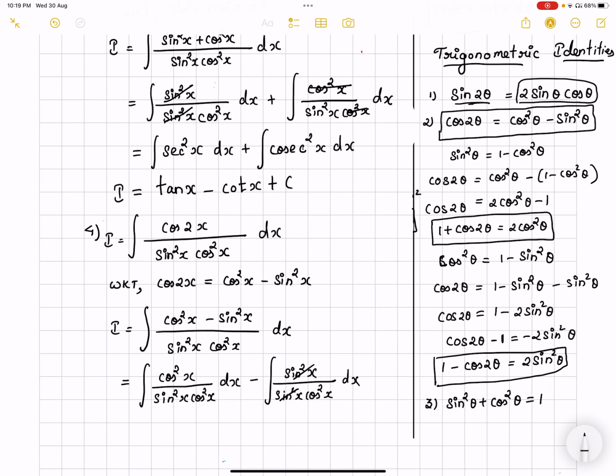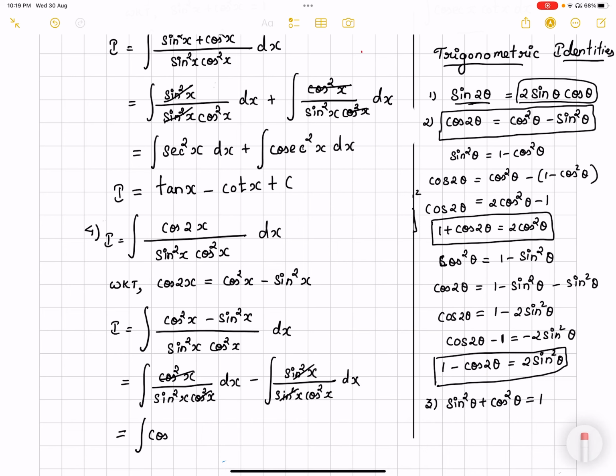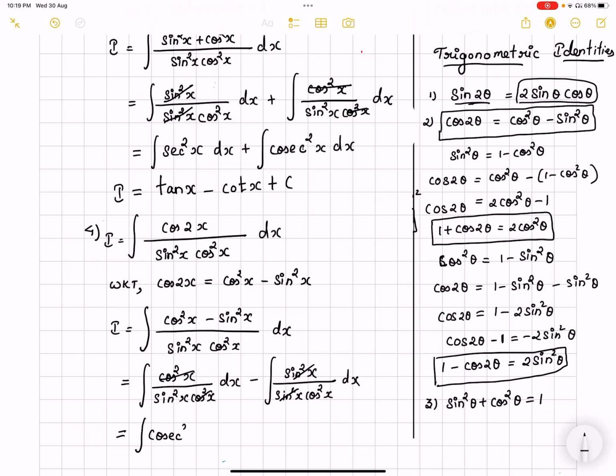Sine square gets cancelled, cos square gets cancelled. And then I have 1 by sine square. 1 by sine square is nothing but cosecant square x. Cosecant square x dx minus 1 by cos square is nothing but secant square x dx.